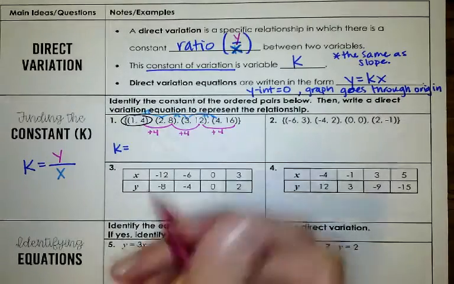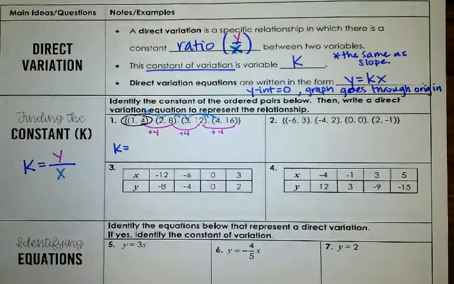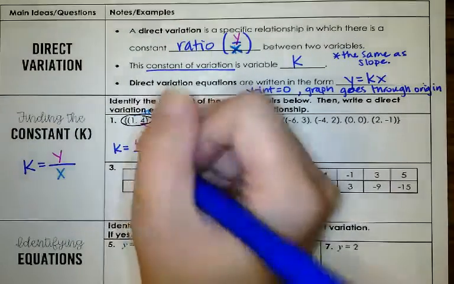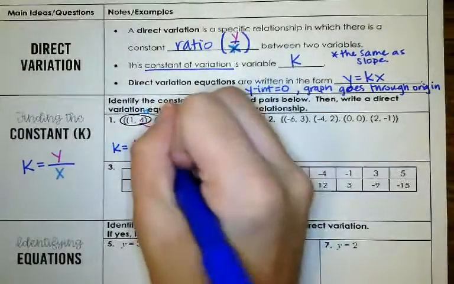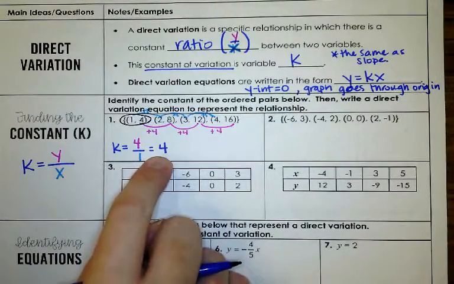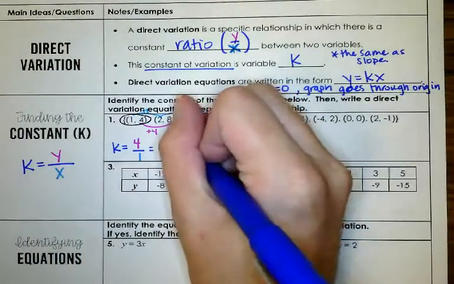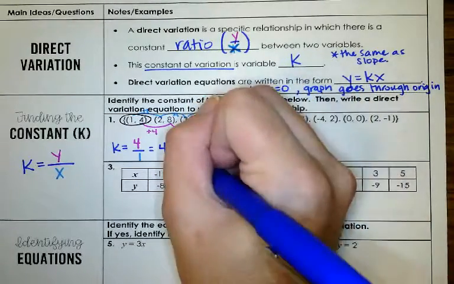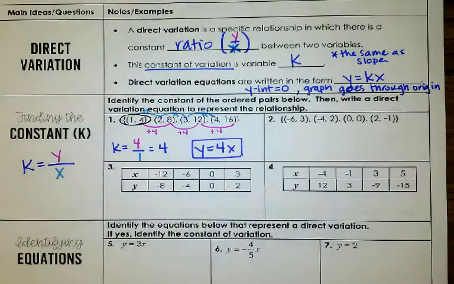Which one's my y value? 4. So I'm going to say 4 divided by 1 gives me what? 4. So my k is equal to 4. Do y'all feel good about that? So if I had to write an equation, it would just be y equals 4x. It's that simple. That's it. With direct variation, you're just finding that constant, and it's y equals 4x.